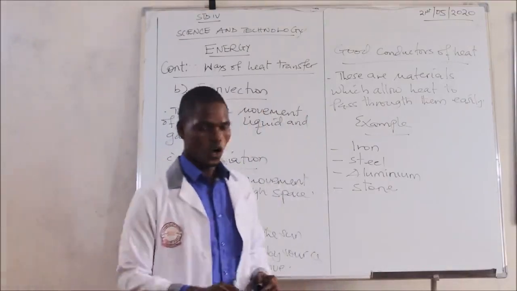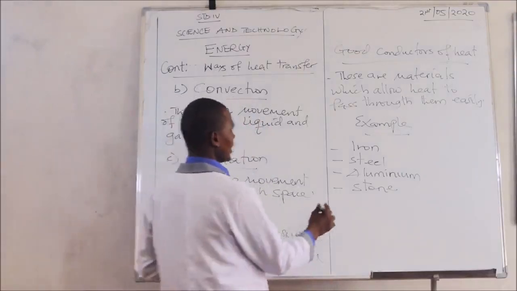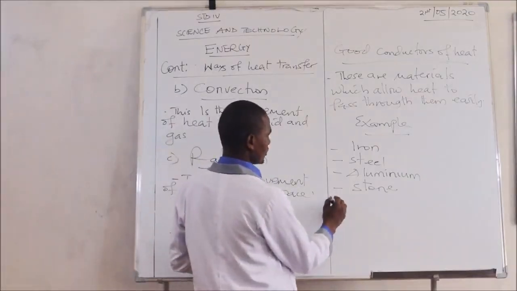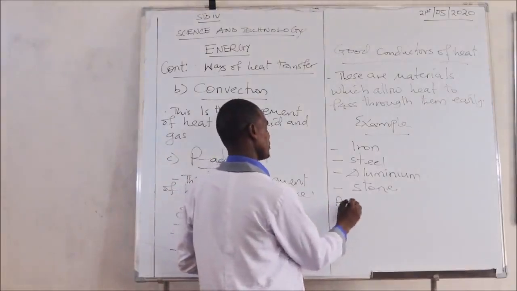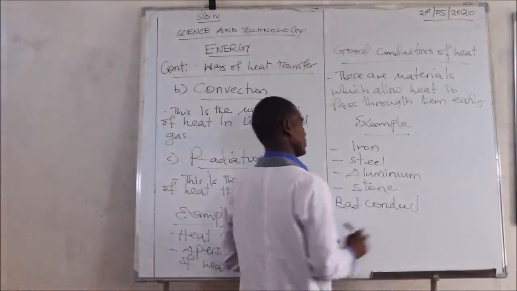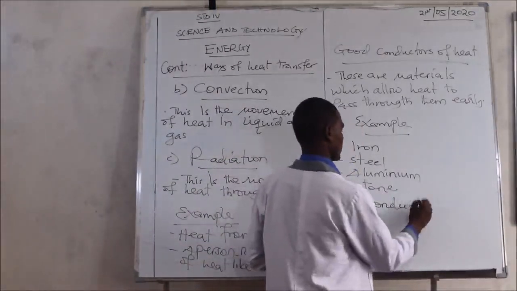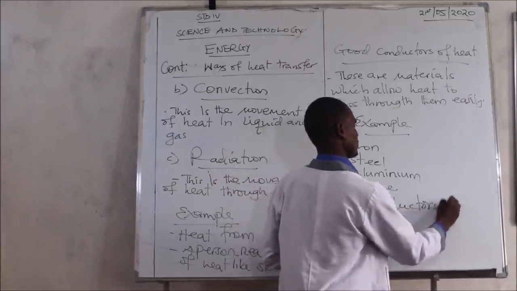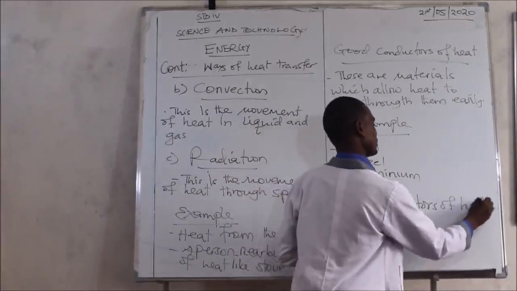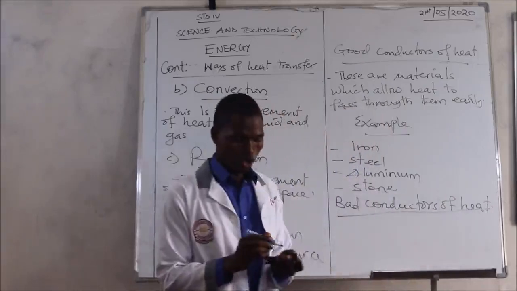Now, the second object or material that we're going to talk about are bad conductors of heat. Bad conductors.